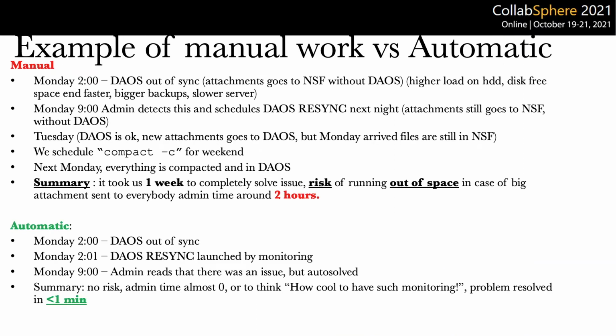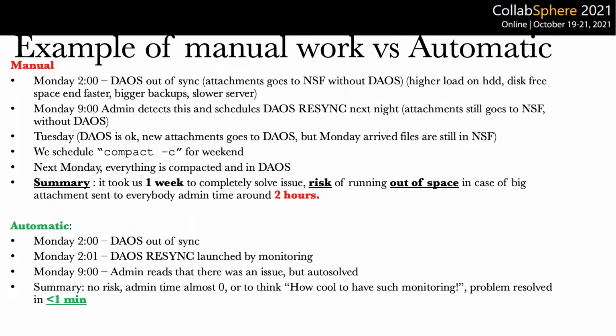And let me give you just one example. For example, on Monday morning, early morning, when we are sleeping, the DAOS is becoming out of sync. For example, somebody was restoring a database and Domino said, whoa, I have this database that was not on my server 5 minutes ago, so DAOS is out of sync.